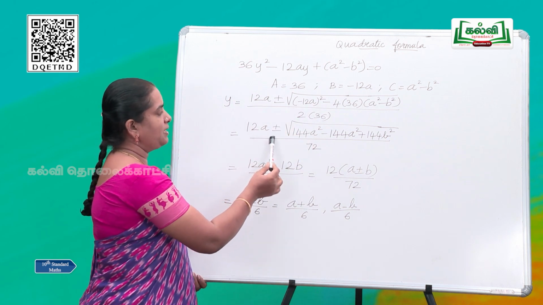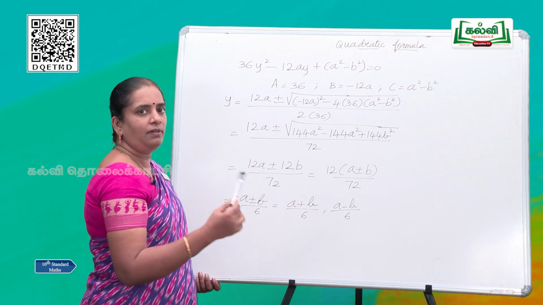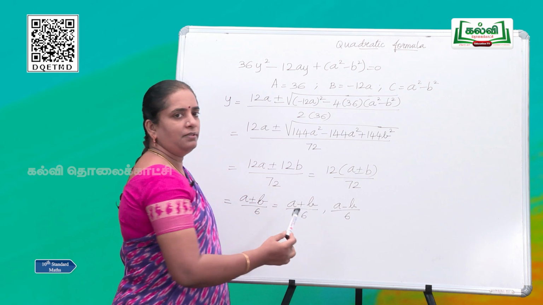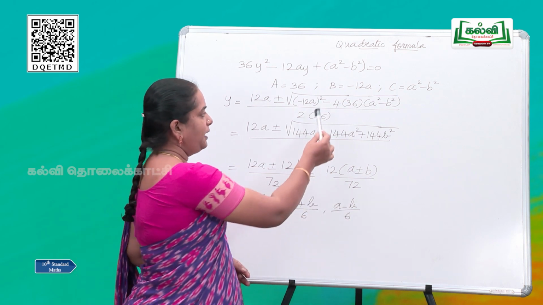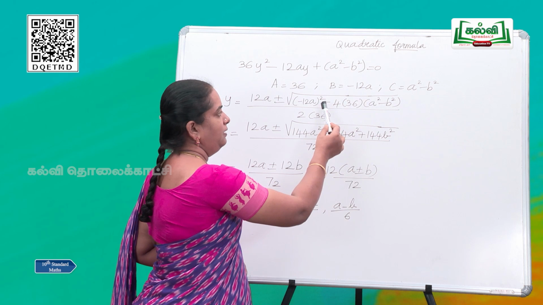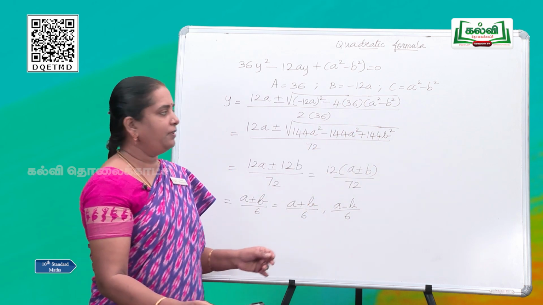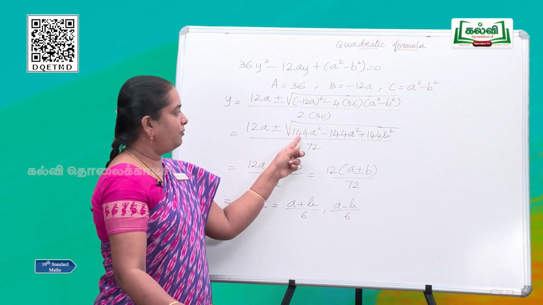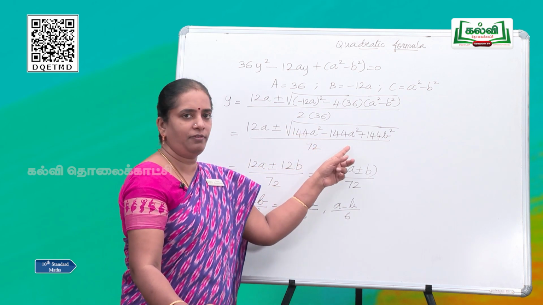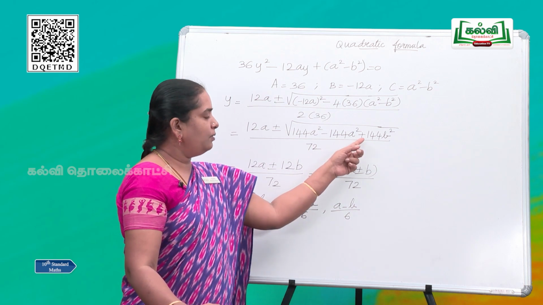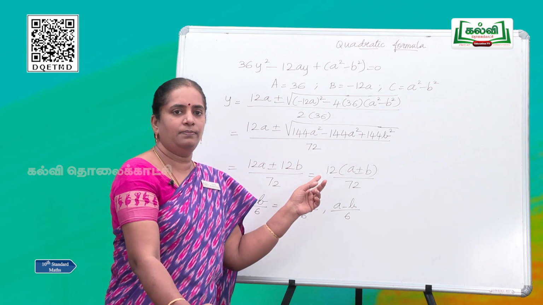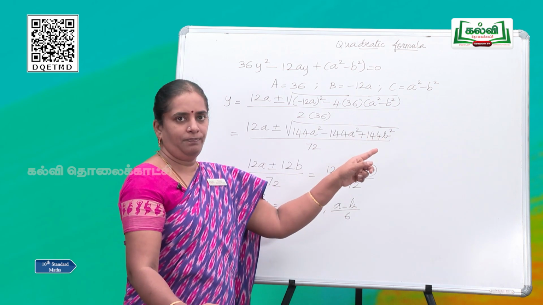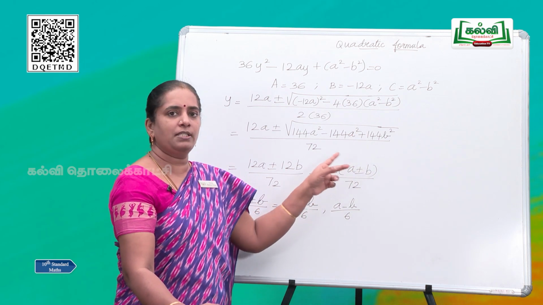See, 12a plus or minus root of, so this minus 12a square is 144a square, and multiplying 4 and 36 we get 144, minus 144a square, plus 144b square, in the denominator 72. So, here 144a square minus 144a square cancelled. So, 144b square remains in the root. So, taking the square root of this, square root of 144b square is 12b.